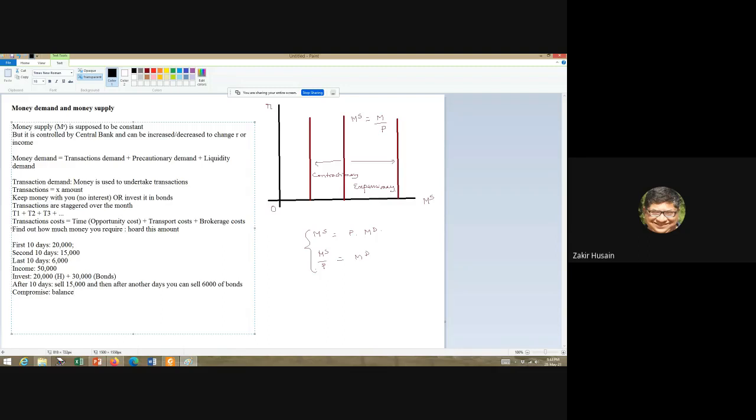You don't keep the entire 41,000 with you. You keep part of it, and you sell off your bonds periodically. So there's some sort of a balance. Now the question is, what are the factors which decide the amount that you're keeping to meet transactions, which is called transaction demand.